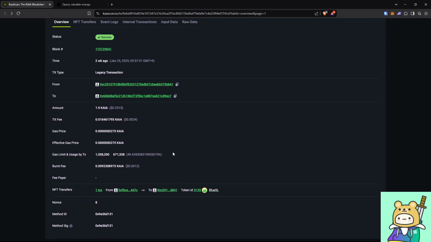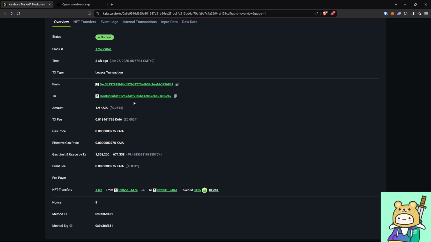The other thing that we have is we know the NFT transfer direction. So it's going from this FBC address to the 331 address, which is the one who initiated the transaction, which means this is the buyer of the NFT, right? They received this NFT address, and this is the token ID. So they paid this amount to buy the NFT.